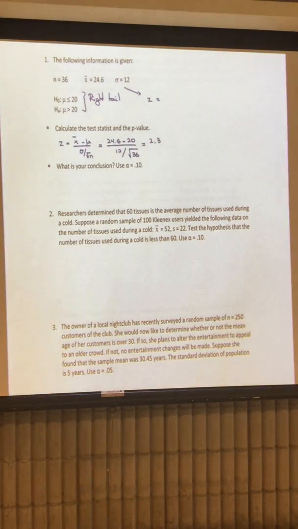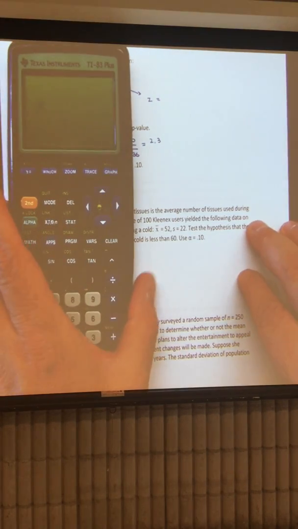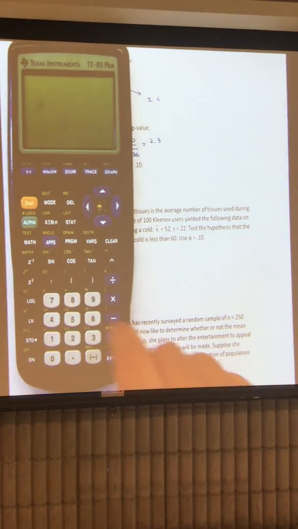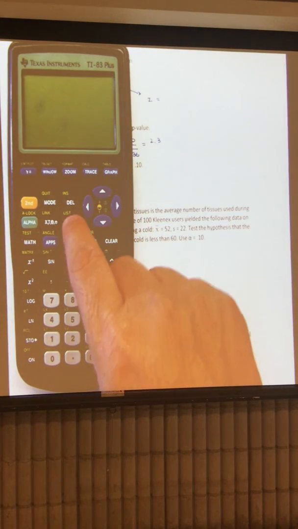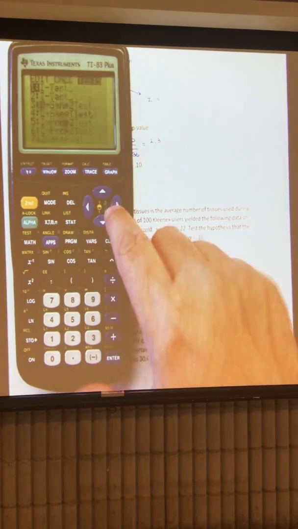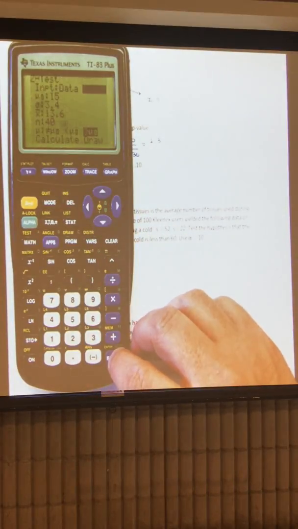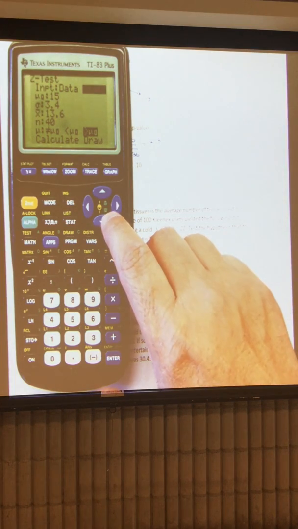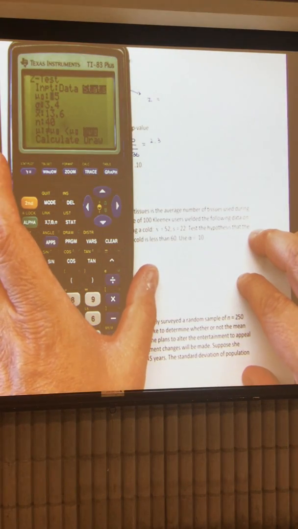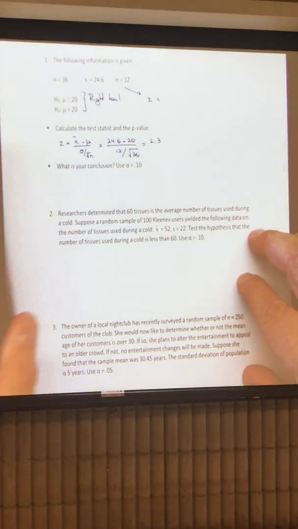Again, let's go to see now how to use the graphing calculator for the same problem. What we have to do is go to Stat, Tests, and we go to the z-test. We highlight Stats, and then let's see what we have for the mean. For this problem, the mean is equal to 20.